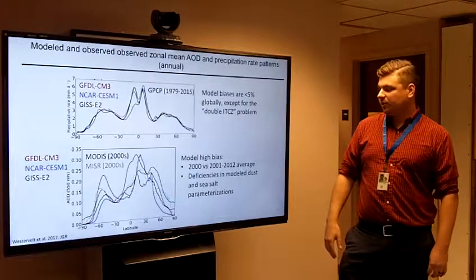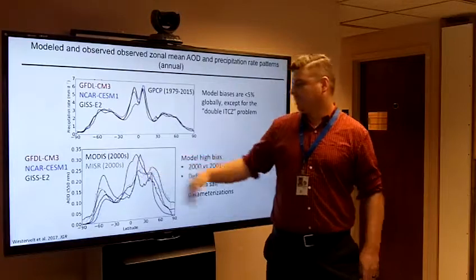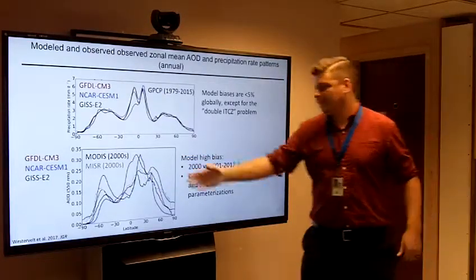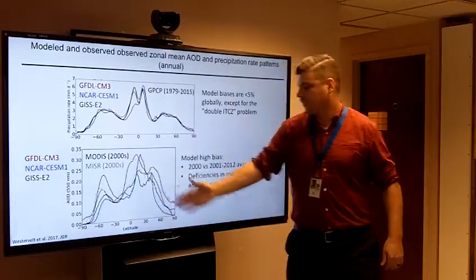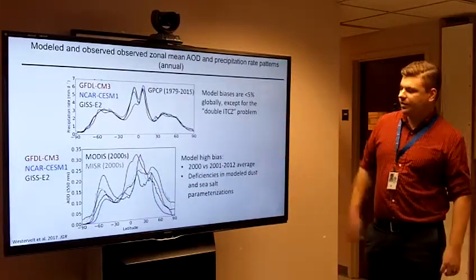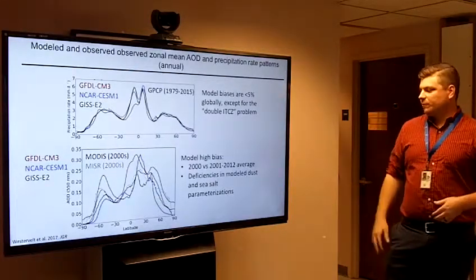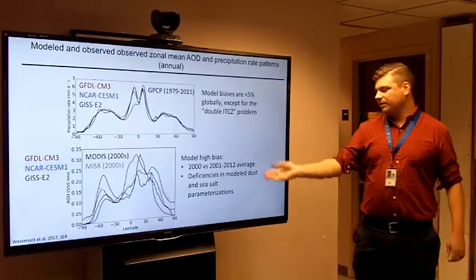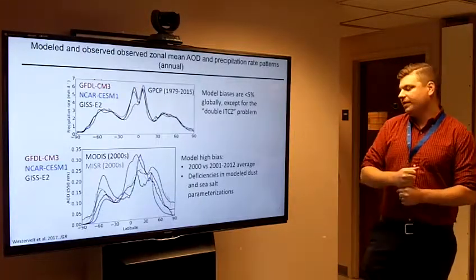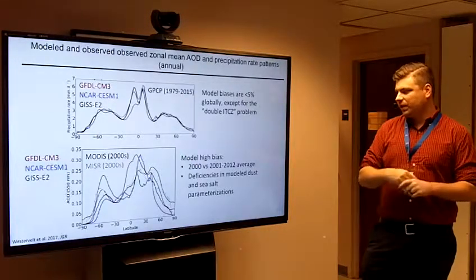And similarly, we see this is probably evidence of dust emissions that aren't being modeled as accurately as they could be in the GFDL model and the NCAR model here, right around the equator, just slightly north of it as well. But the model high biases are somewhat explainable. So like I mentioned with the aerosol, the modeling of dust and sea salt could be improved.